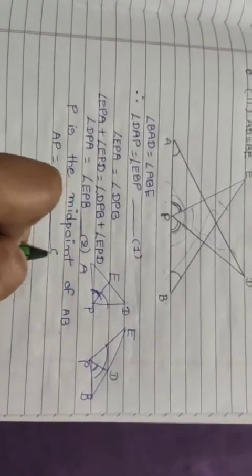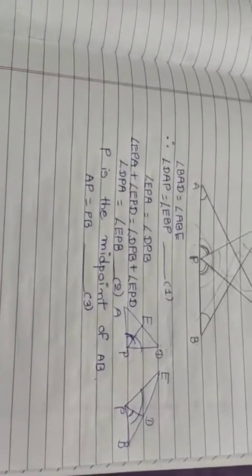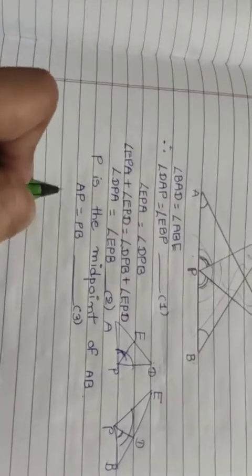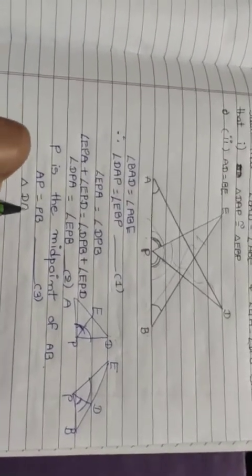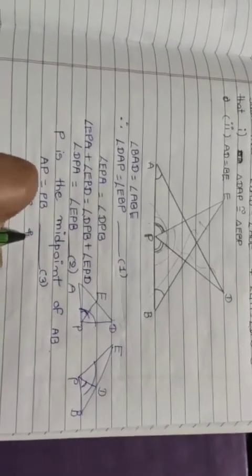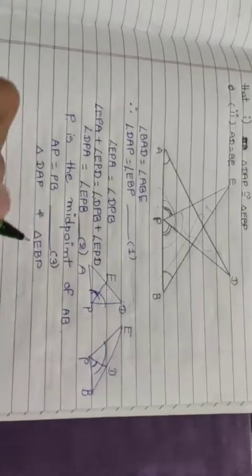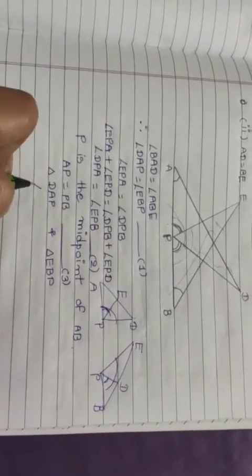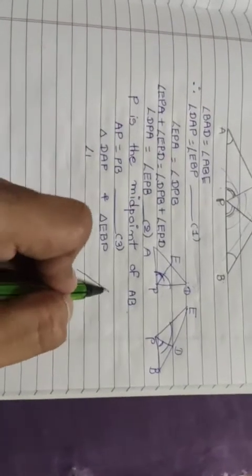That will be our result number 3, right? Now we take our triangles, that is triangle DAP and triangle EBP, right? Now I will draw the figure of both triangles.